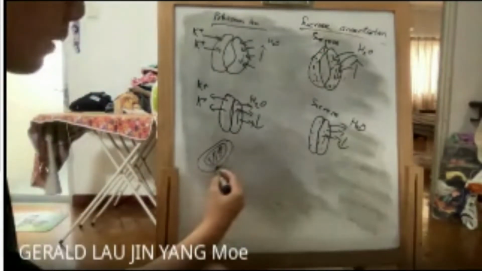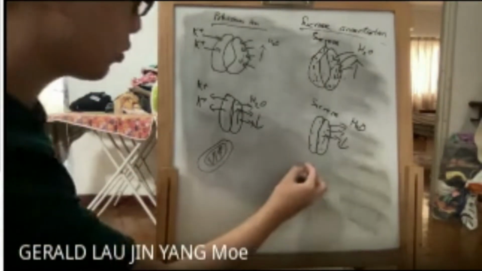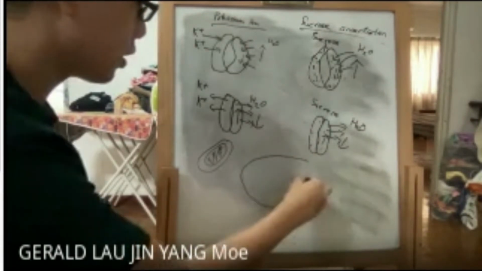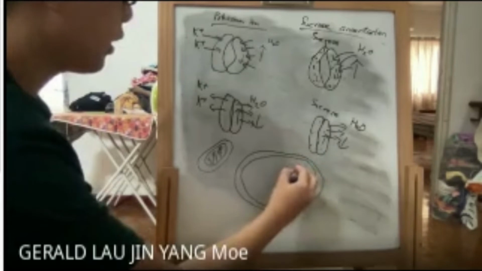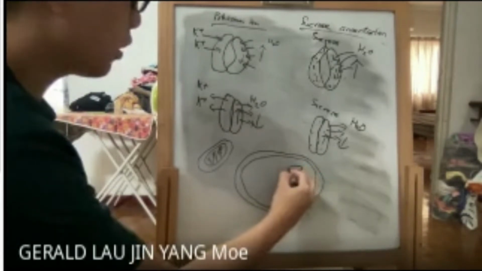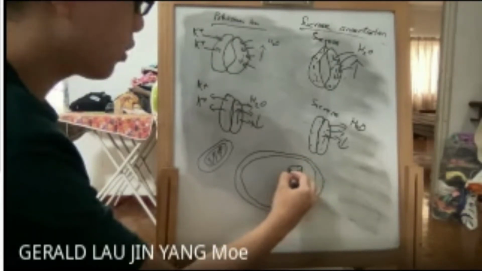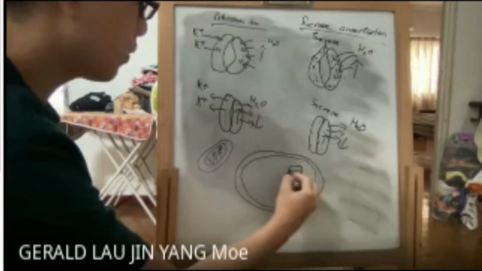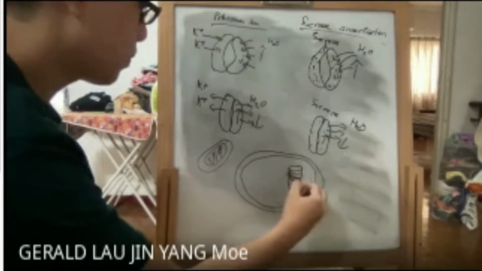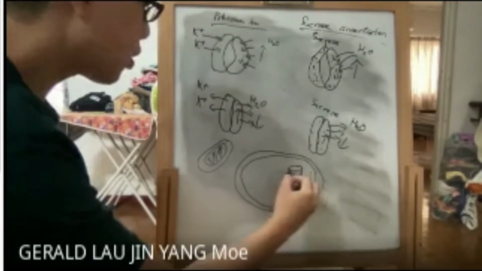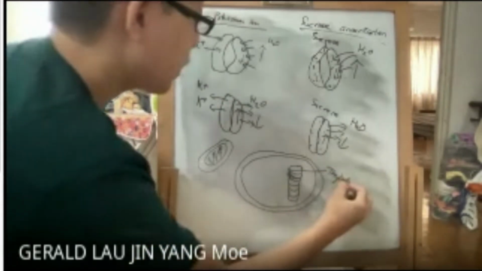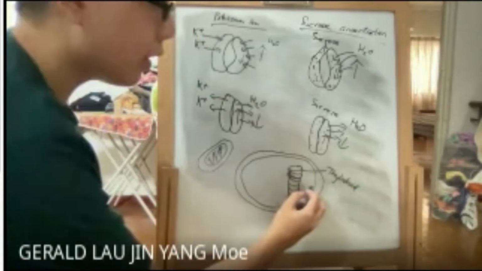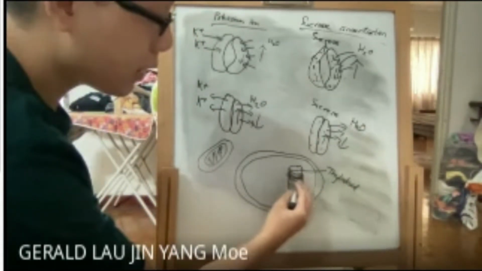Now this is chloroplast. If you want to draw in detail, this is how the structure of chloroplast is. You will have your thylakoid, your stacks of thylakoid. So all these thylakoid stacked together, thylakoid, green color, contains the chlorophyll pigment in the chloroplast.